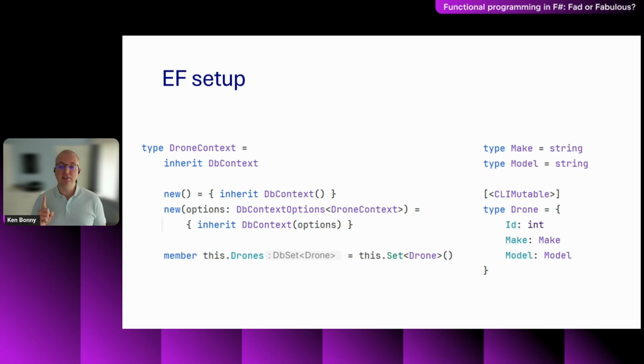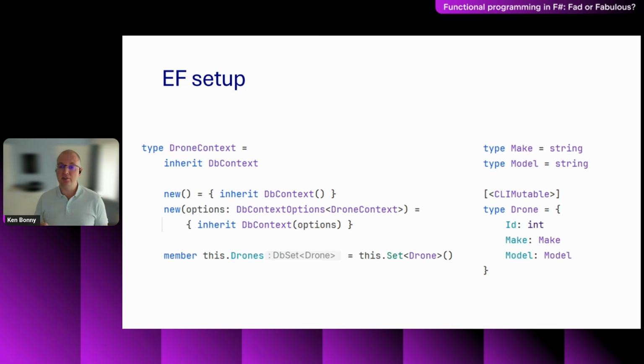There is one thing to take into account, and that is the entity type that we are creating, in this case, the drone type on the right. F# is always immutable. So when we pass this type to Entity Framework and it saves it to the database, it cannot make updates to it. It cannot place the actual database ID in the ID field.